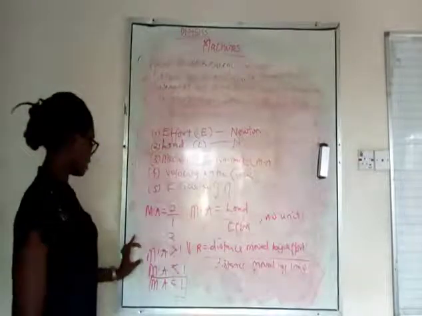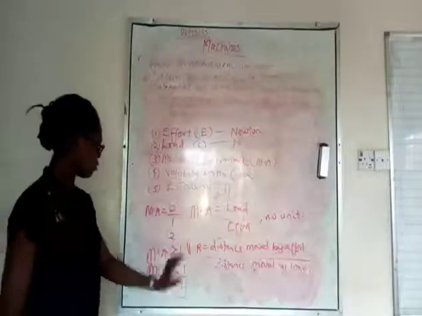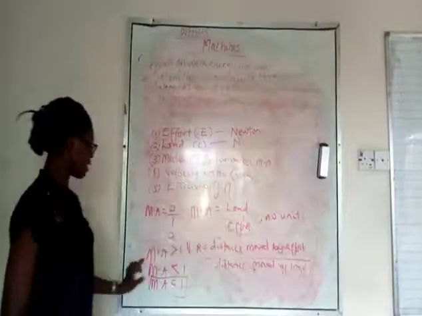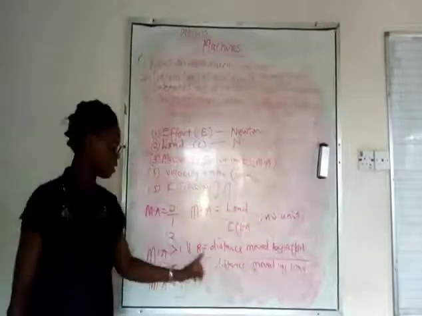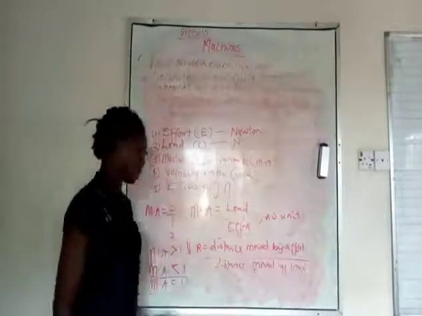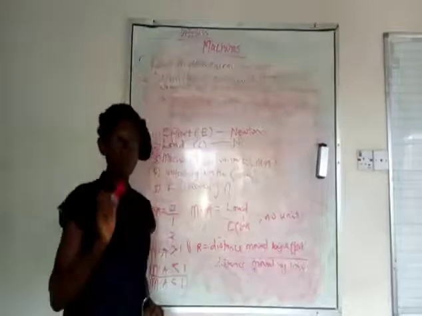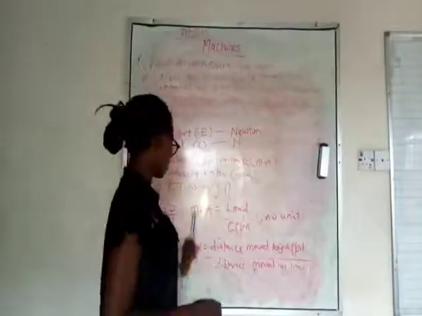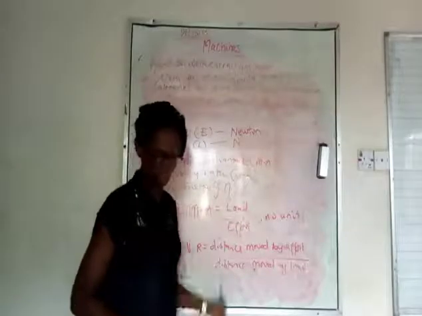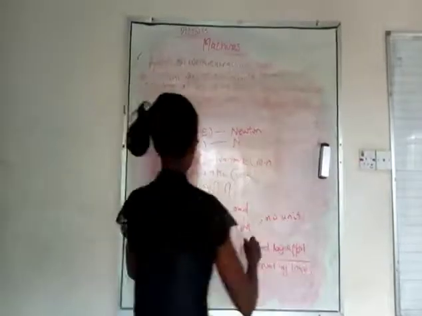And when the effort is greater than the load, you have mechanical advantage less than 1. When they are equal, you have mechanical advantage equal to 1. Alright, the same thing, when you have an ideal machine, you will always have your mechanical advantage equal to your velocity ratio. And we move to the next part, which is what?